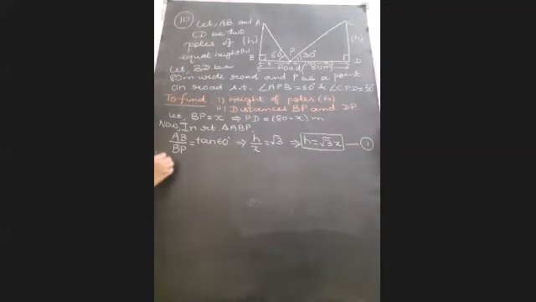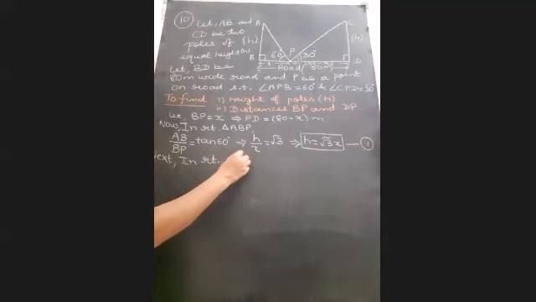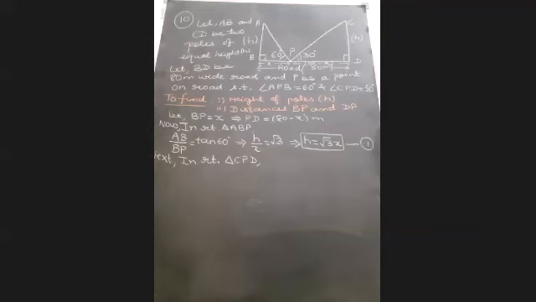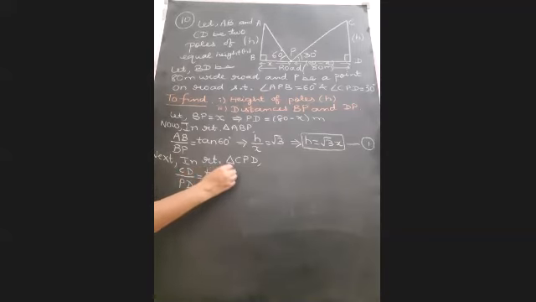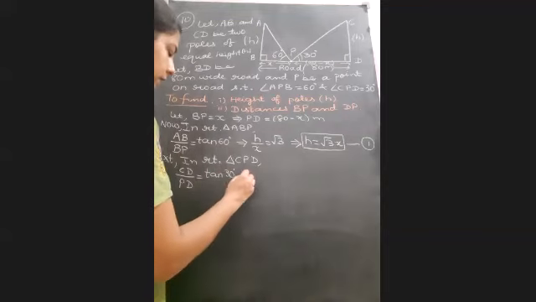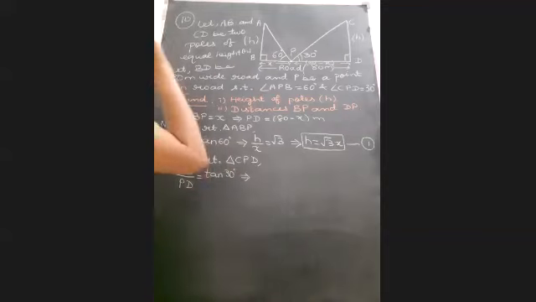Next, in right triangle CPD, CD upon PD is equal to tan 30 degree. Right, beta? Which would mean what?